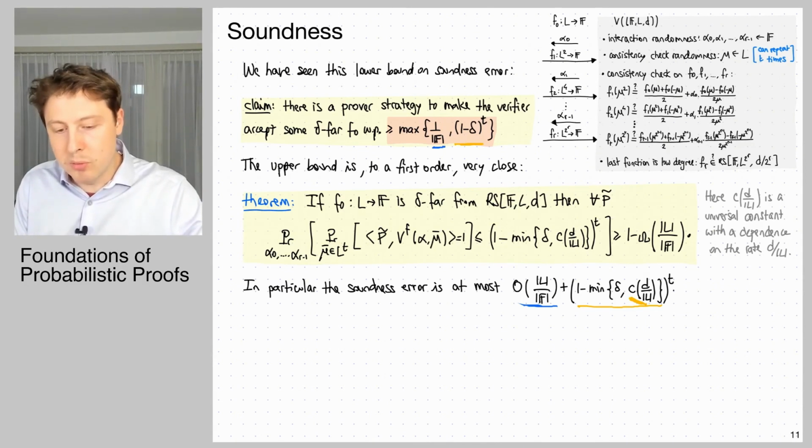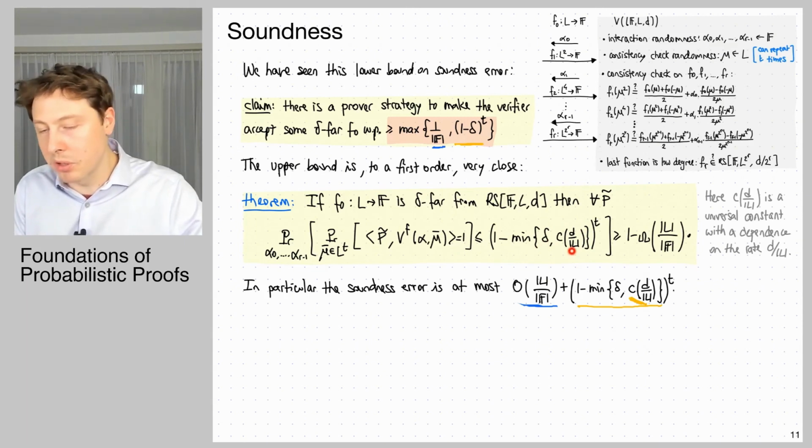What we will actually prove is a slightly stronger statement: with high probability over the interaction, the probability that a consistency check fails, or at least accepts, is at most something that decays like that. As the distance increases, it goes down up to a certain level.